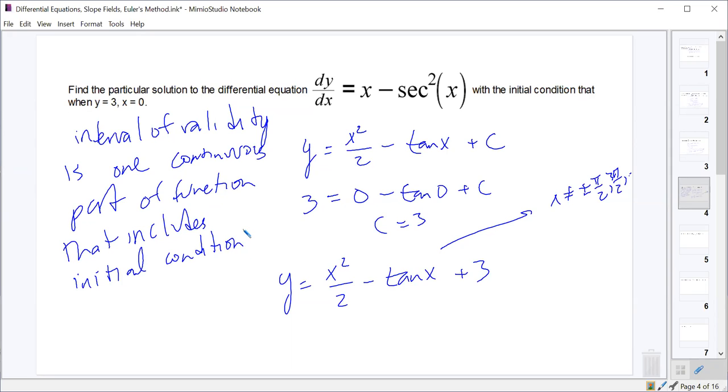So our initial condition was that x is 0, so that ought to fall between negative pi over 2 and positive pi over 2. So we'll say that this is valid for negative pi over 2 to pi over 2.